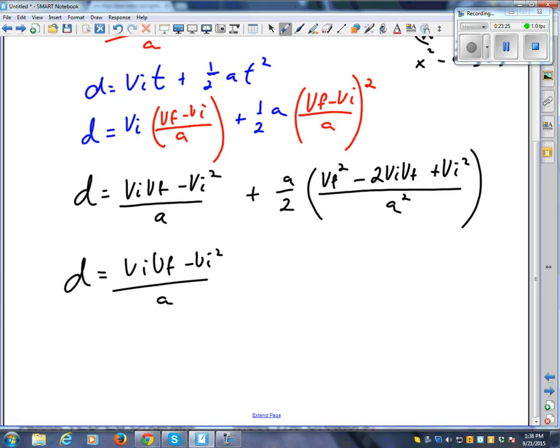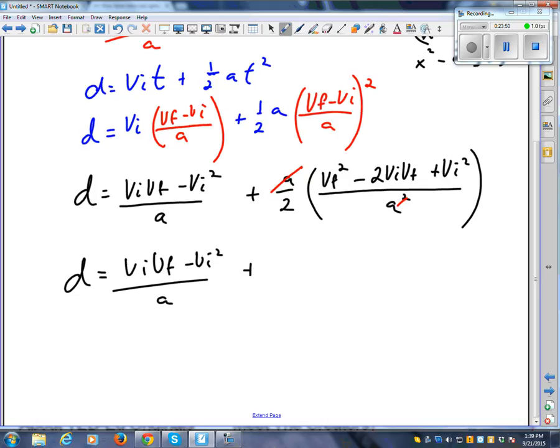Is the first one just over a? It's just over a. So it's not Via. No. What happens here? I got an a on the top, and I got an a squared on the bottom. I'm multiplied by a on the top, and I've got an a squared on the bottom, so it ends up being just a on the bottom, but that's multiplied by 2.